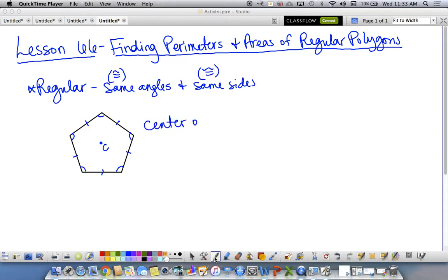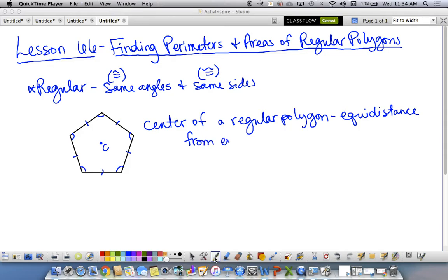The center of a regular polygon will be equidistant. Equidistant means equal distance from every angle, from every vertex.